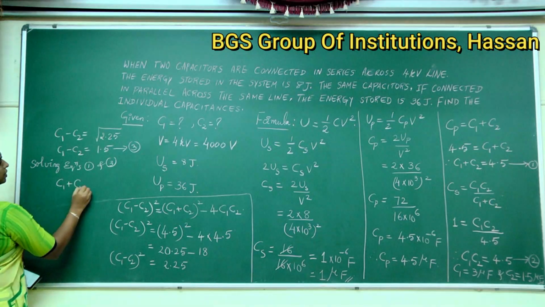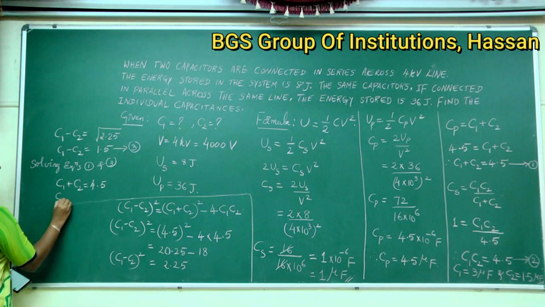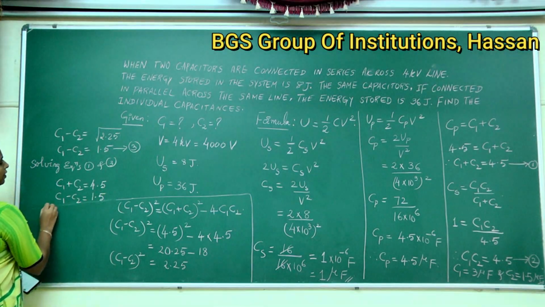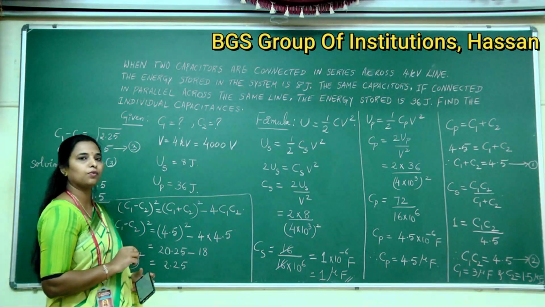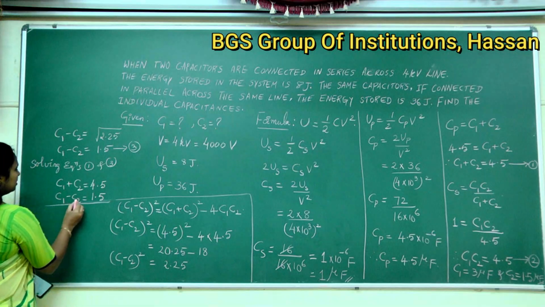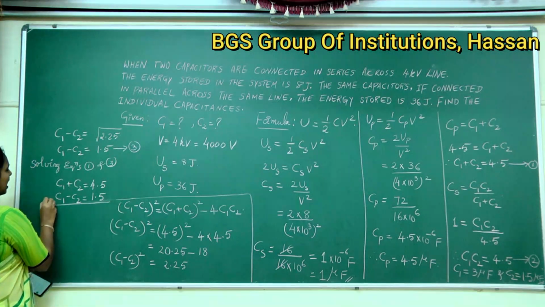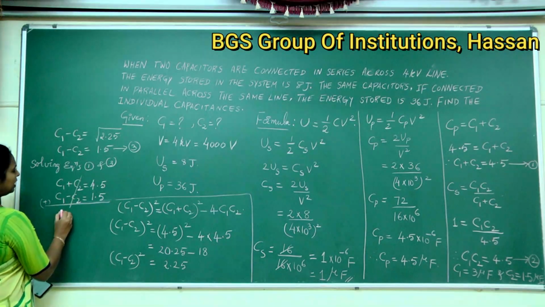C1 plus C2 is equal to 4.5. C1 minus C2 is equal to 1.5. So in order to eliminate one unknown, what we have to do is, here plus C2 is there, minus C2 is there, add both the equations, then C2 gets eliminated.